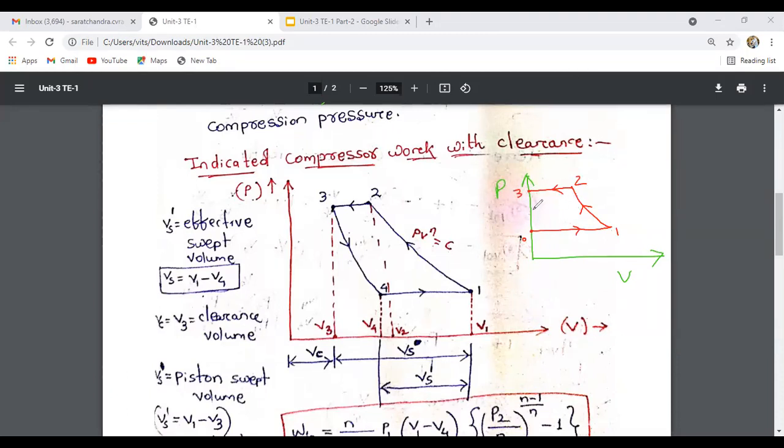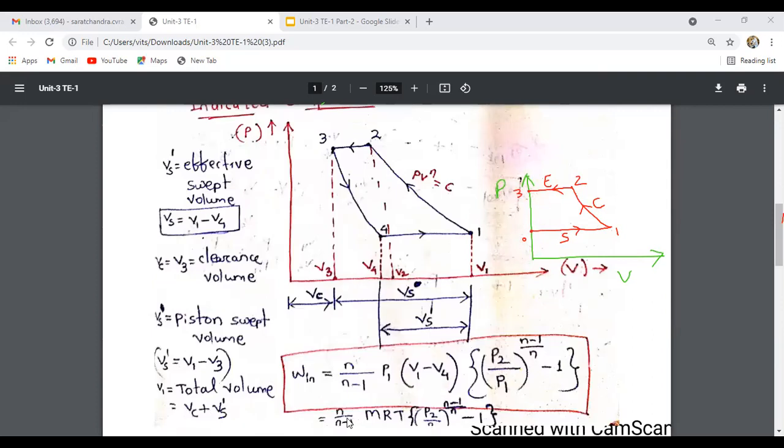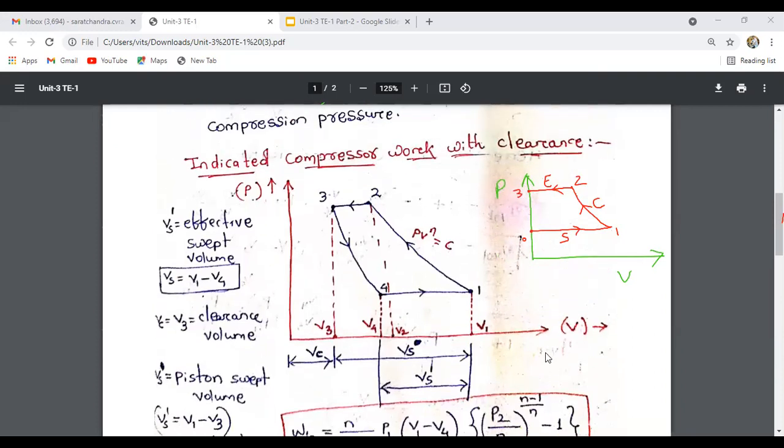Here clearance is not there. This is the intake or suction process, this is the compression process, and this is the exhaust process. From this diagram, we have derived the work done formula like this: n by n minus 1 mRT, (P2 by P1) to the power (n minus 1) by n, minus 1. Like that, one formula we have got. But here, we are going to discuss when clearance is there.